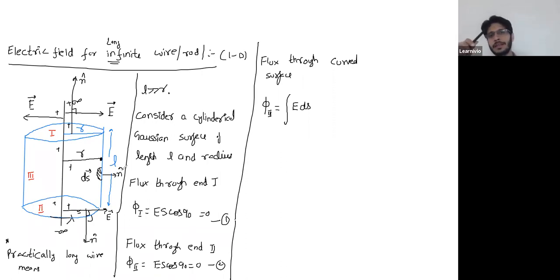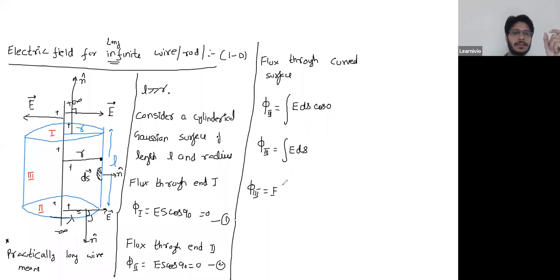It's very clear that E and ds act in the same direction, so the angle between them is 0 degrees. It's E ds cos 0, so the flux is the integral of E ds. Since this surface is a Gaussian surface, the field should be uniform, so we can take E outside the integral. So it's E times the integral of ds.